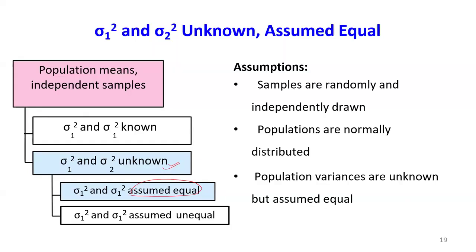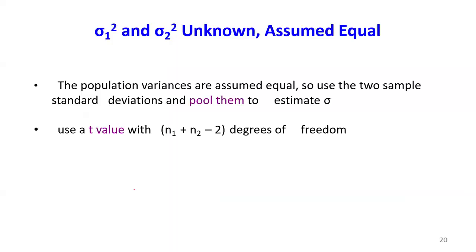The second assumption is that they are not equal. In the different sub scenarios, we have to use a different formula. When we do not have any information about the population variances, we have to refer to the t distribution rather than the z distribution.